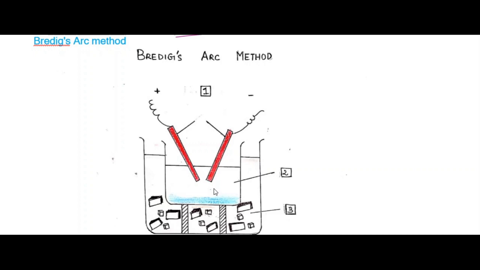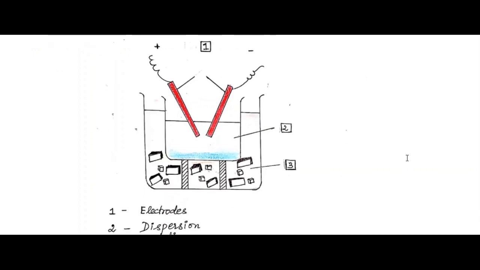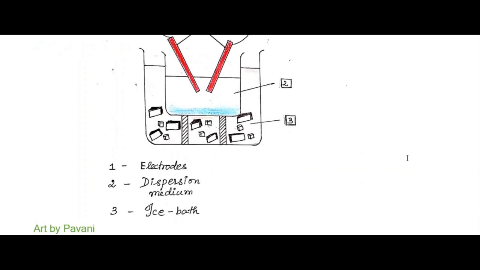This is known as Bredig's arc method. You can see here we have the electrodes, plus and minus electrode, and you have the dispersion medium, and it should be done under cold conditions.